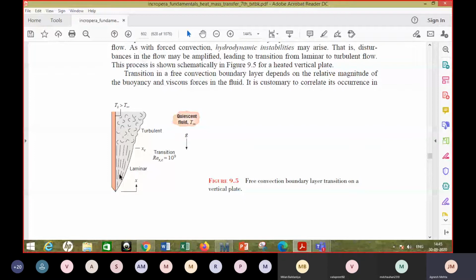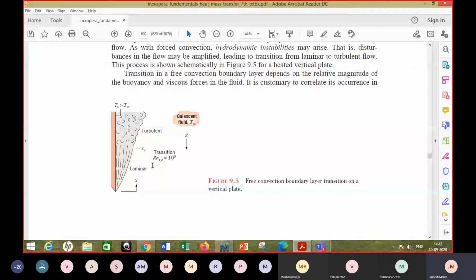Because the heat transfer and the momentum transfer phenomena are quite different in laminar flow and turbulent flow, you can expect that the correlations that are available for laminar flow and turbulent flow could be different, though both of them would be functions of Rayleigh number, and again the criterion is also in the form of Rayleigh number.